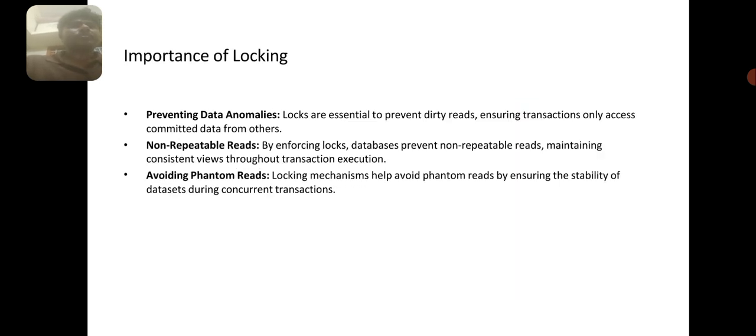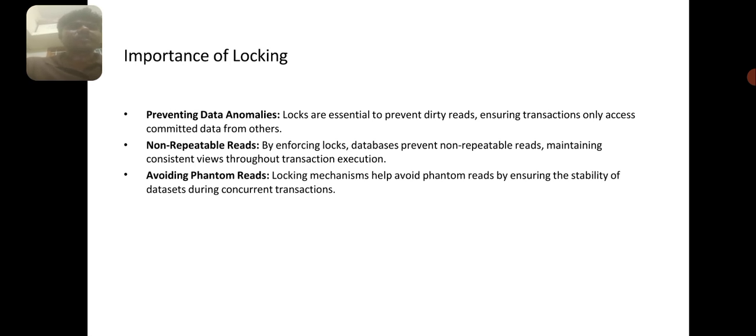Next is the importance of locking. There are three benefits: preventing data anomalies, preventing non-repeatable reads, and avoiding phantom reads. Preventing data anomalies means avoiding dirty reads and ensuring transactions only access committed data from others.